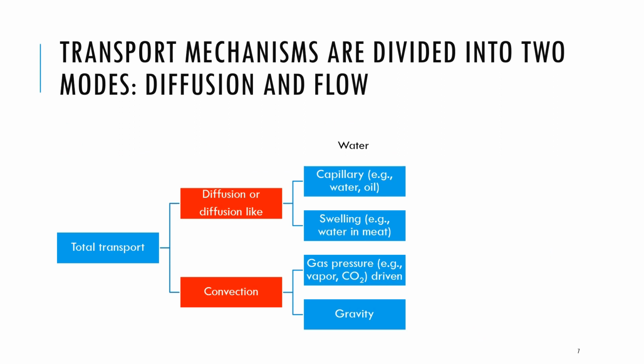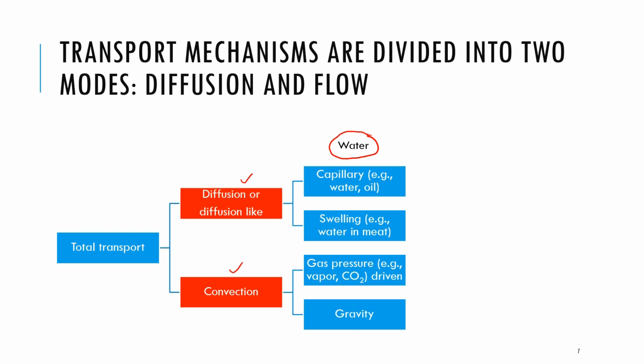So all of these mechanisms for fluid transport and heat transport can be grouped into two basic types: diffusion or diffusion-like, and convection. By grouping them into these two, it will help us in writing the flux expressions. Let's look at, for each component that we have, what is their diffusion-like and what is their flow.